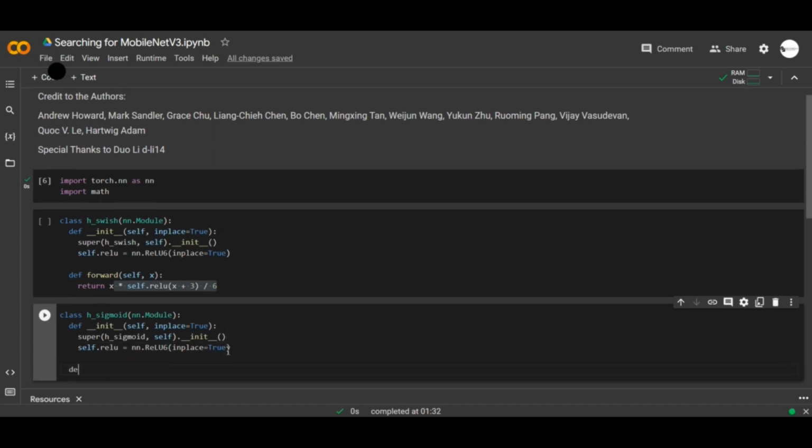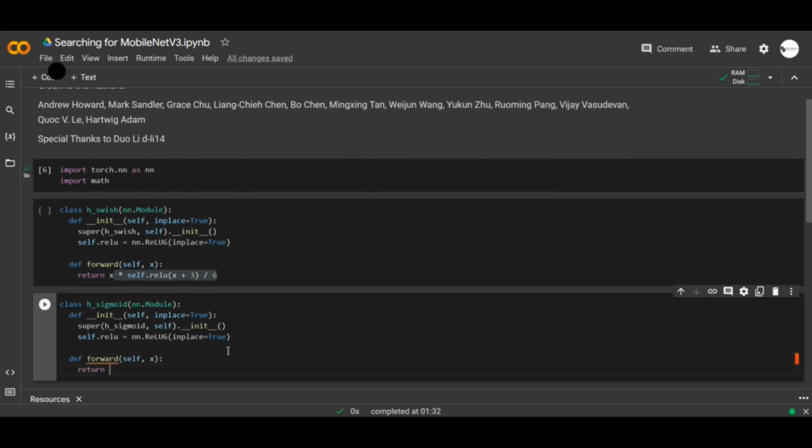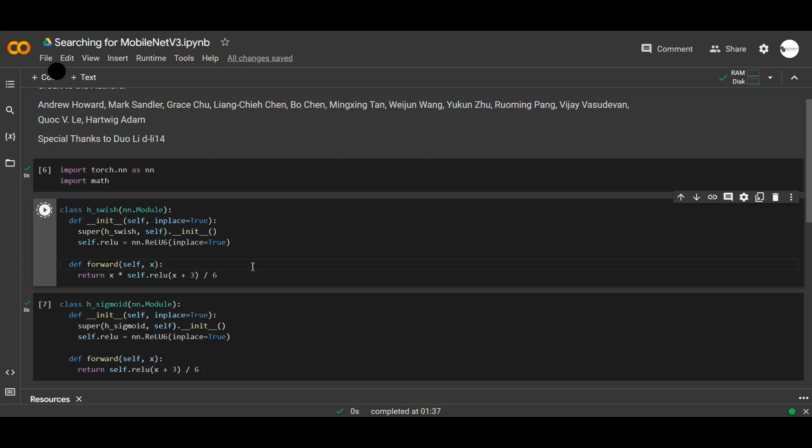Then we do a forward pass, def forward, then we take in self, then x, then we return self.relu of x plus 3, then divided by 6. Okay, these are the two main functions that we had.